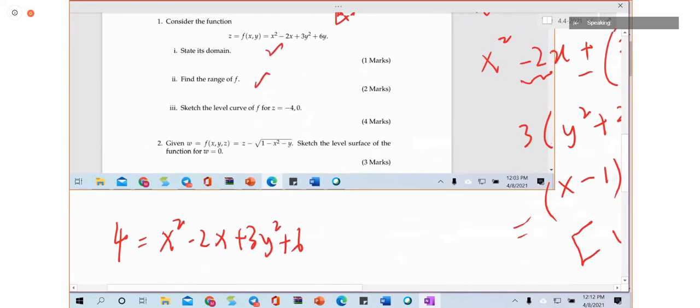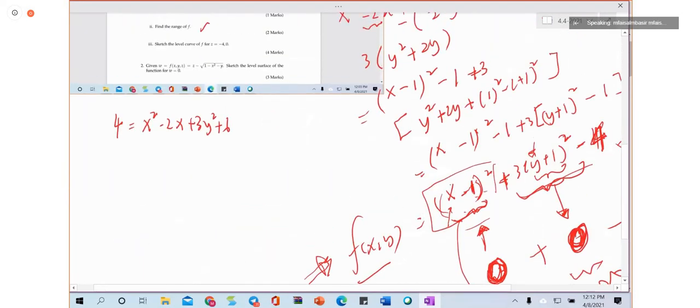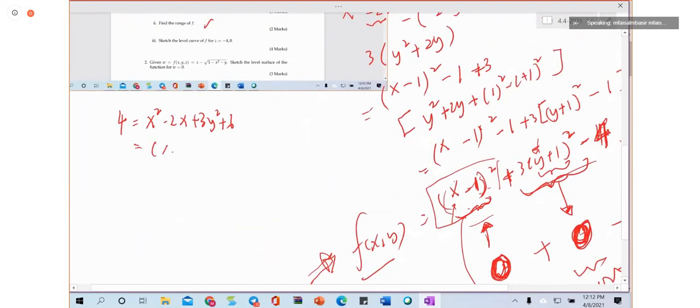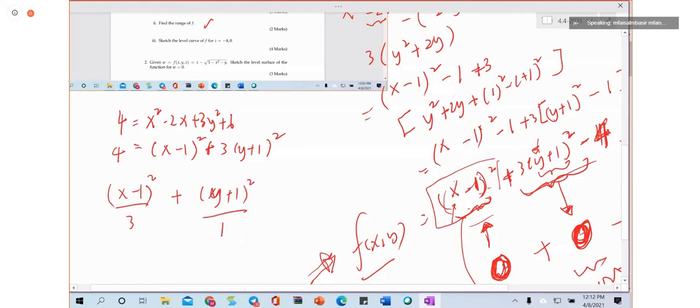Okay, so for this, we just substitute this. (x minus 1) squared over 3 plus (y plus 1) squared, 4. So this you can write like this, right? Over 3 plus 5 plus 1 over 1 equals to 4 over 3, right?